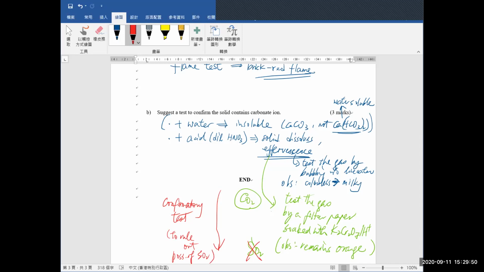If it is orange to green, the answer is that the gas is SO2, while the salt is sulfite, SO3 2-, but not carbonate. Why so strange? Because in the lime water test, even though we get colorless to milky, there is a chance of CO2 or SO2. So you rule out SO2 with the second test. You got the point?